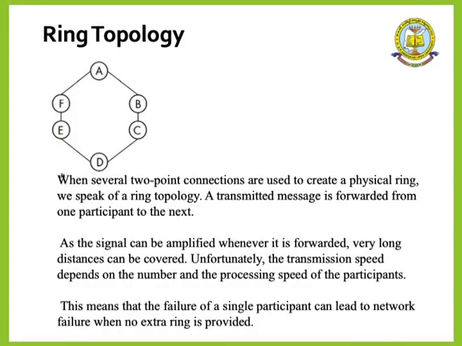Sometimes they also communicate through something called ring topology, where you create a physical ring or a kind of structure where a transmitted message is forwarded from one participant to another.